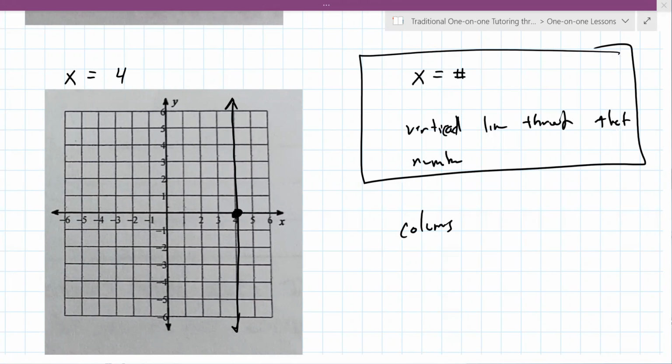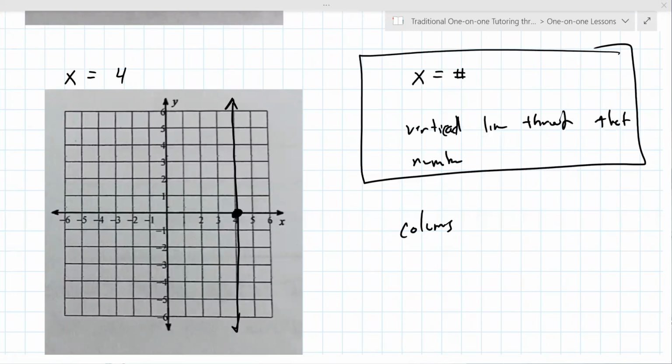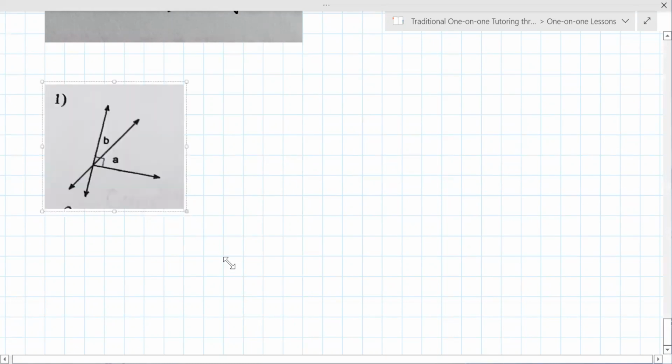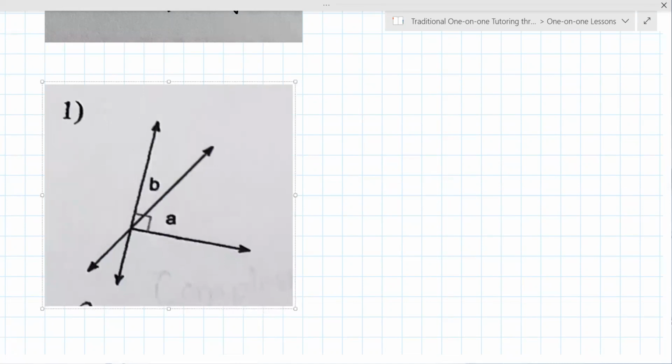So let's look at unit 3 review part A, and we'll start taking a look at some of these. It looks finished, but I don't know if they're right. I'll give you some information that you don't have on here. It tells you whether it's complementary, linear pair, or adjacent.